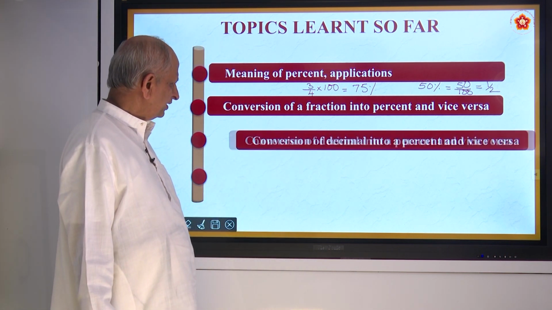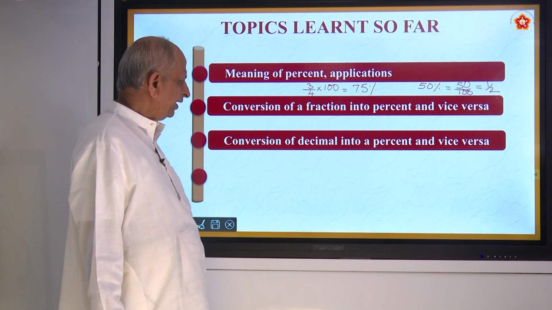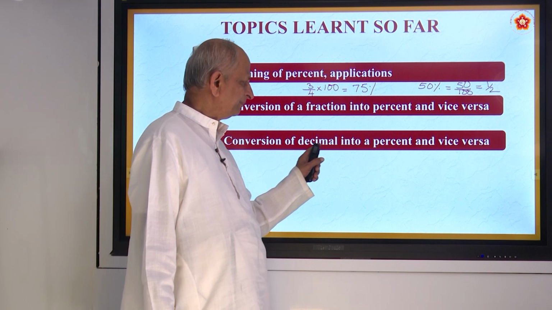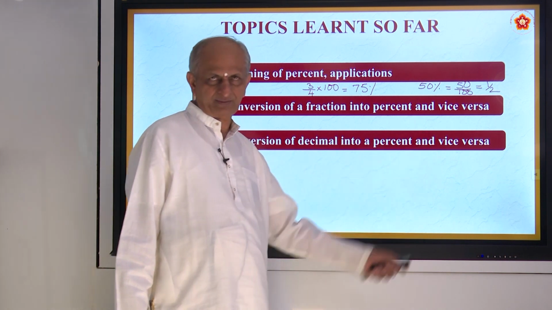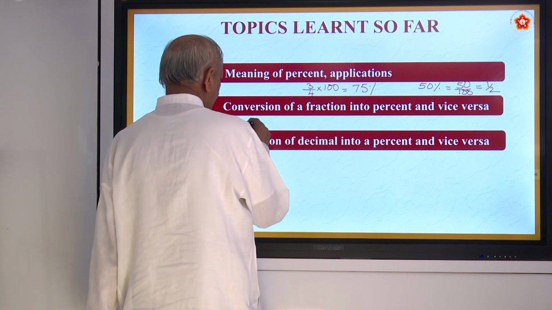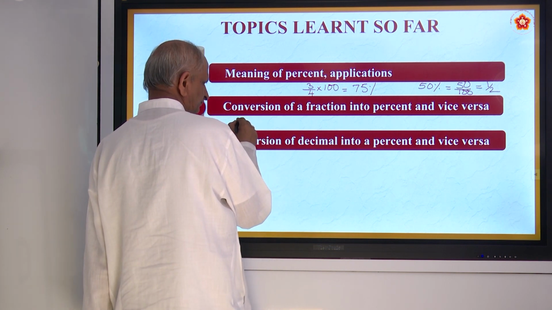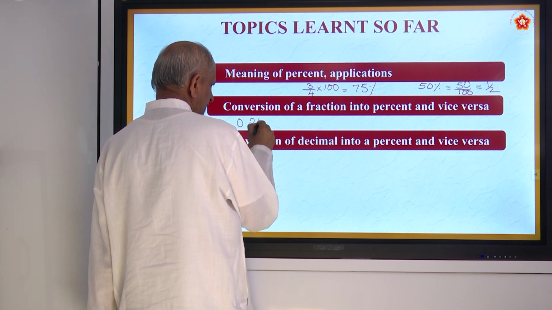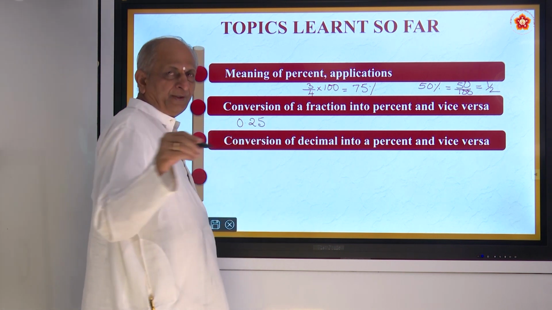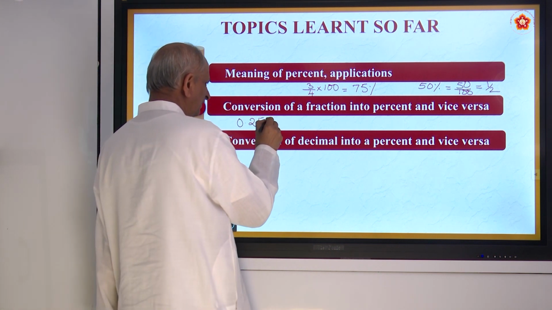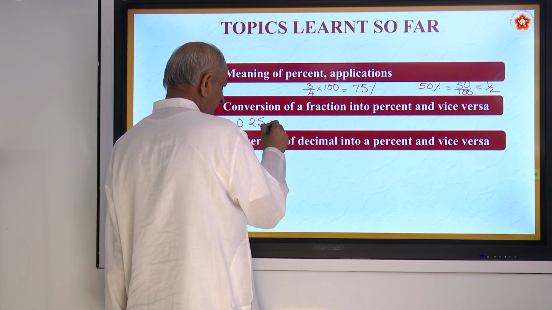Okay. Also, you have seen how to convert decimal into percent, and percent into decimal. For example, if you have a decimal like 0.25, how to convert into percent? Just multiply by 100.